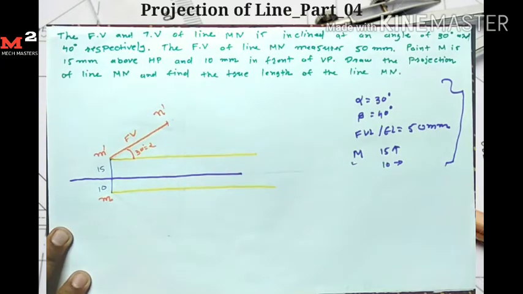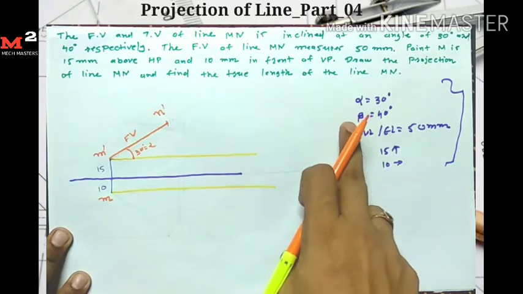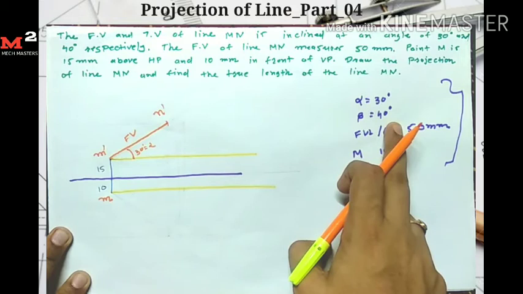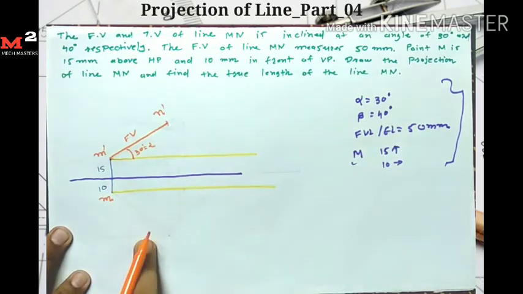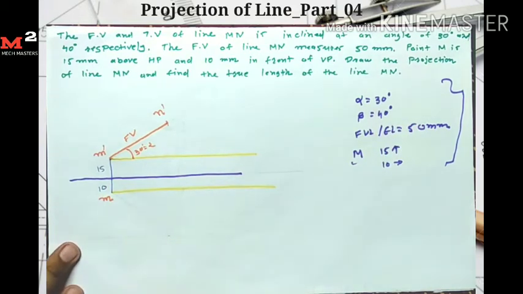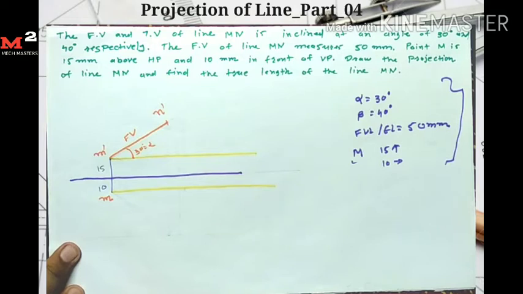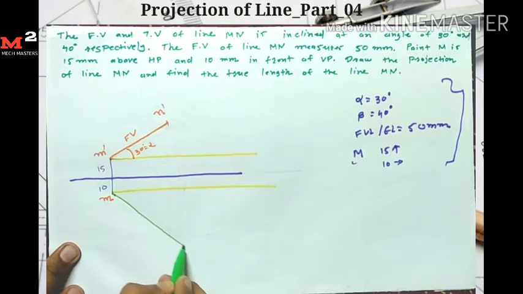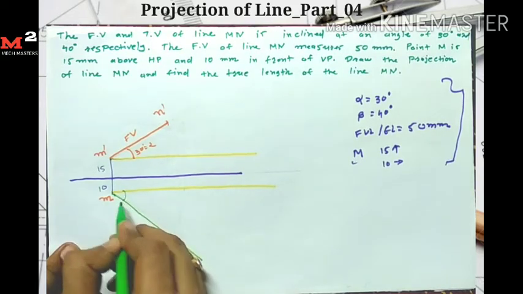Okay, now another data is the angle made by the top view, which is 40 degrees. So from the M point I measure the angle and draw one line here.